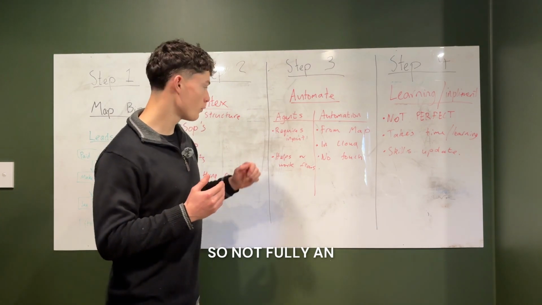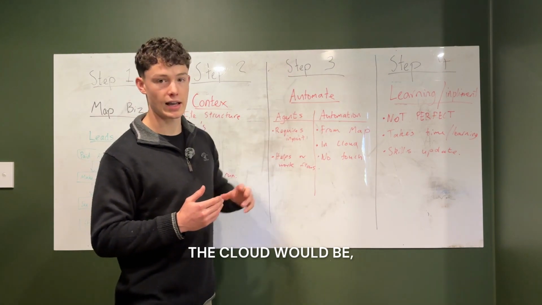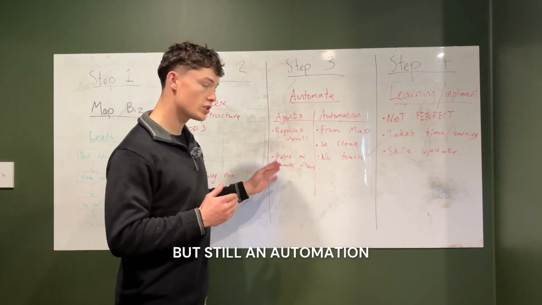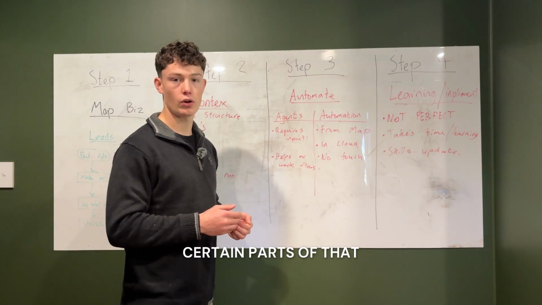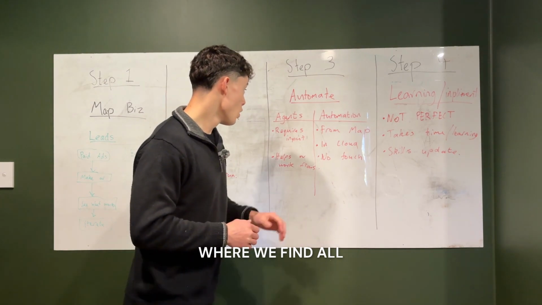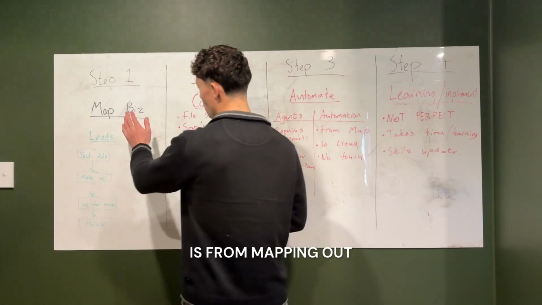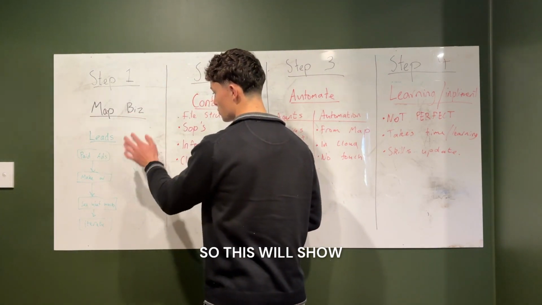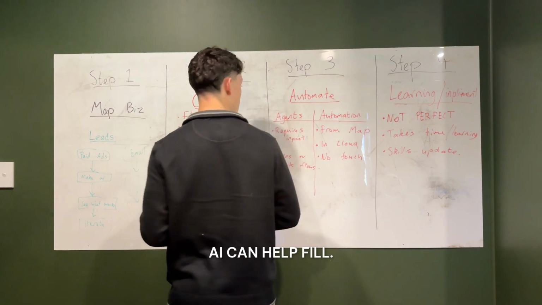So not fully an automation like being in the cloud would be, but still an automation where it helps with certain parts of that job. Where we find all the things to automate is from mapping out the business. So this will show all the cracks where AI can help fill.